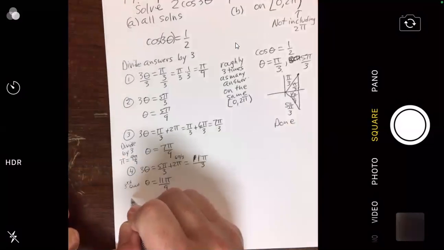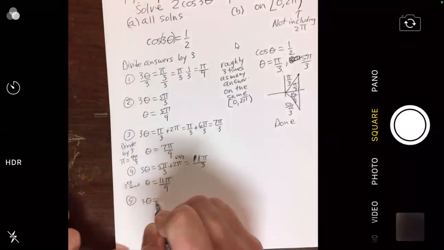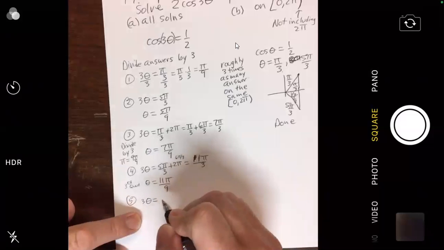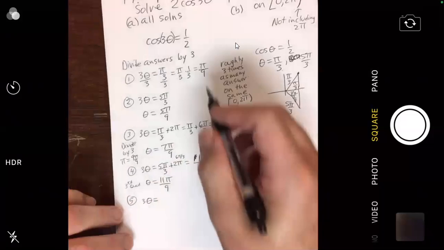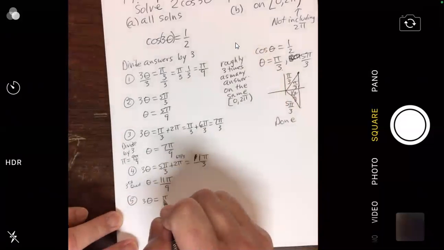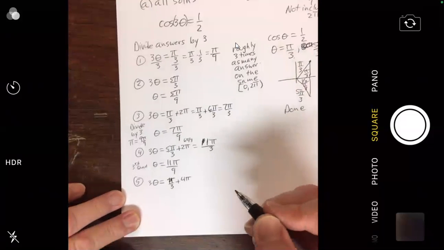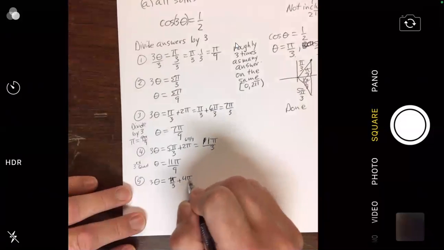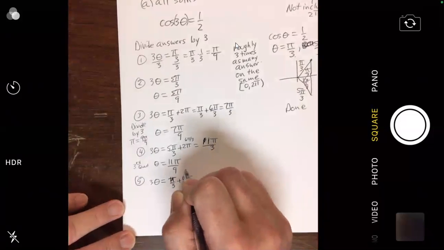Fifth cut at it, 3 theta would equal, now I could either take these and add another 2 pi over 9, or I could take the original pi over 3 and add 4 pi. You play it however you want. 4 pi over 3 would be 12 pi over 3.